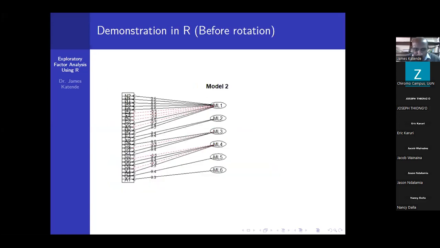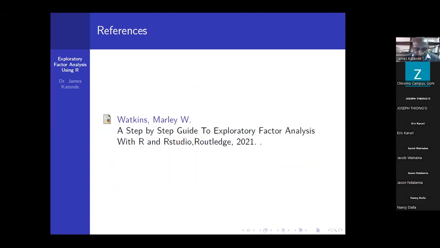So here is a book which has quite an extensive amount of detail. I would recommend this as a book to read for exploratory factor analysis. So I've left out a lot of detail because we are going to run a demonstration in R. And probably some of what I left out is going to become clear as we run the demonstration in R.